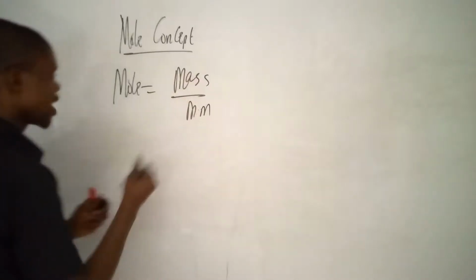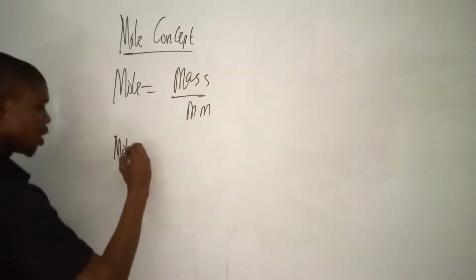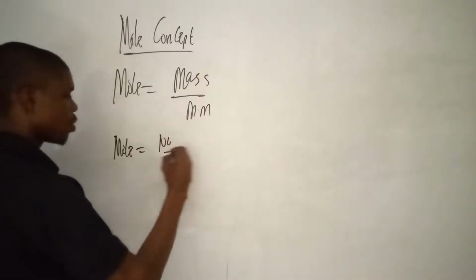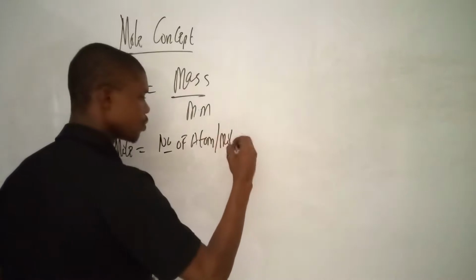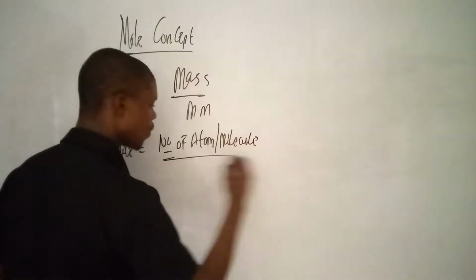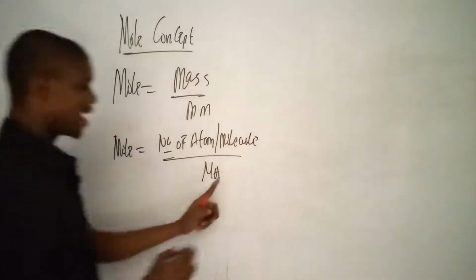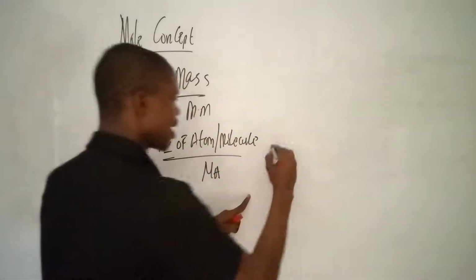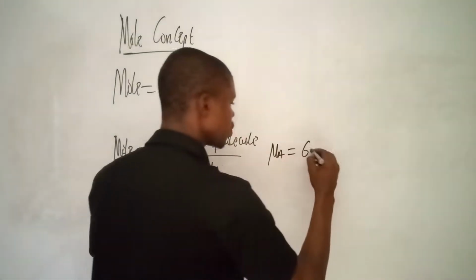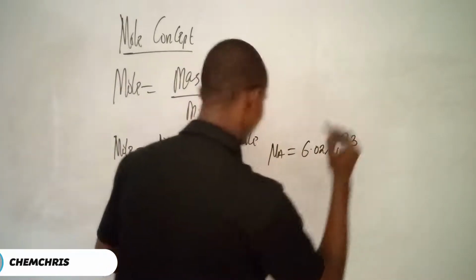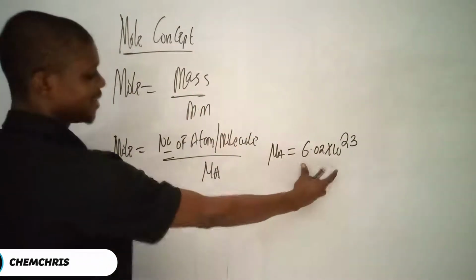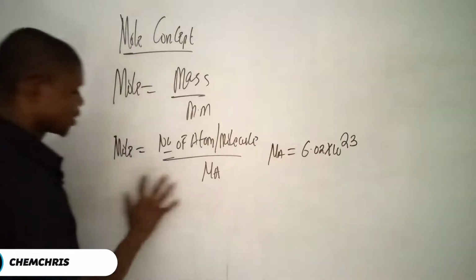The next one is mole equals number of atoms or molecules over Na, where Na is the Avogadro's constant, which is equal to 6.02 times 10 to the power 23.